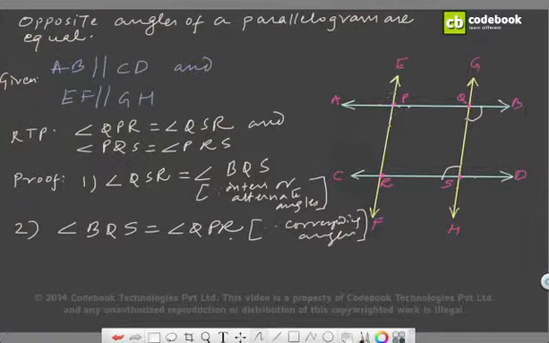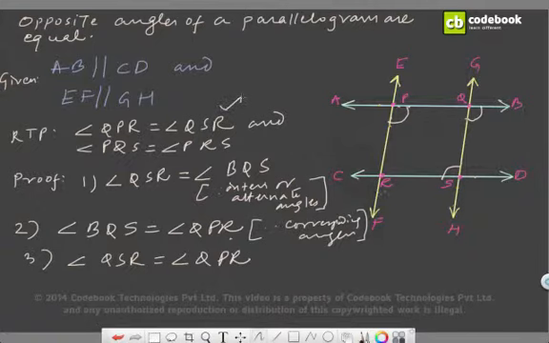If you observe, EF is parallel to GH and AB is the transversal, so angle BQS is equal to angle QPR because they are corresponding angles. So from 1 and 2 we can state that angle QSR is equal to angle QPR. So that's what we have to prove.